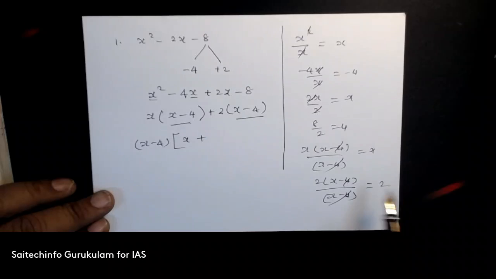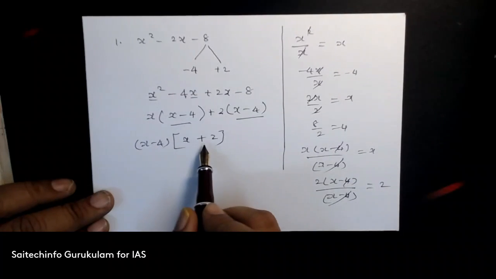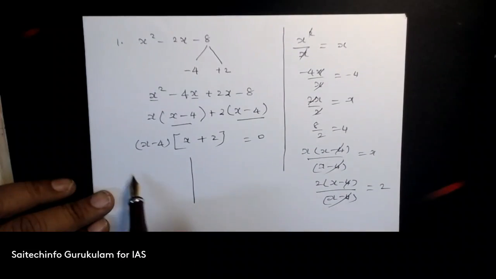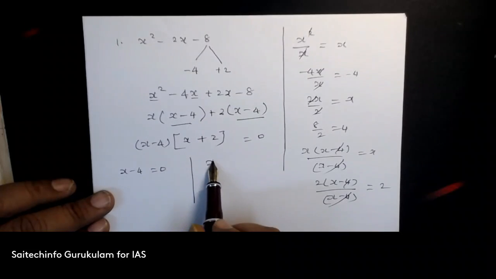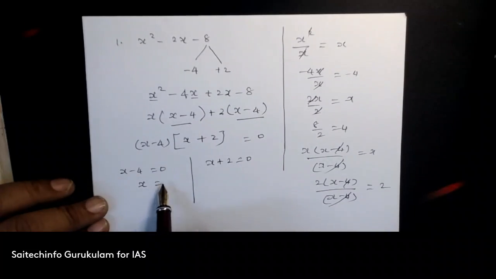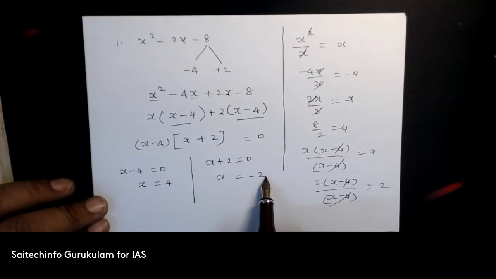Okay, so that you are able to get 2. So you can put 2 here. So x minus 4 into x plus 2 is equal to 0. So it means either x minus 4 can be 0 or x plus 2 can be 0. Therefore x can be plus 4. In this case x can be minus 2.